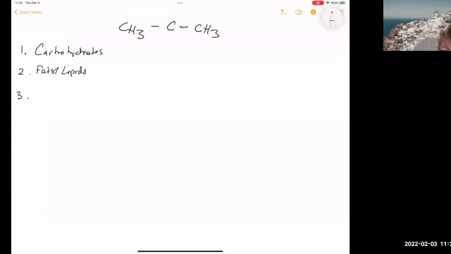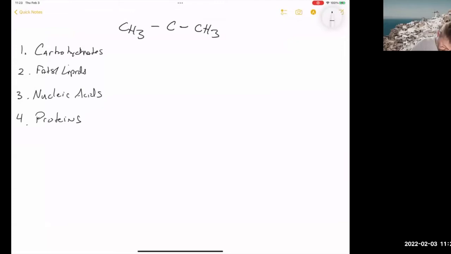These include the nucleic acids. And these also include protein. So these are the 4 major categories of macromolecules of life. So let's just start off talking about the carbohydrates.